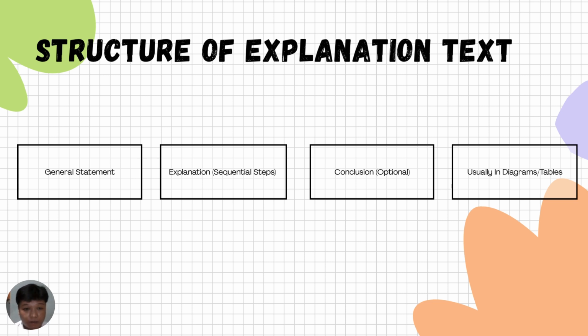Next, as you guys can see, there are four structures of an explanation text, and the first one is the general statement. The general statement is the introduction of the topic.